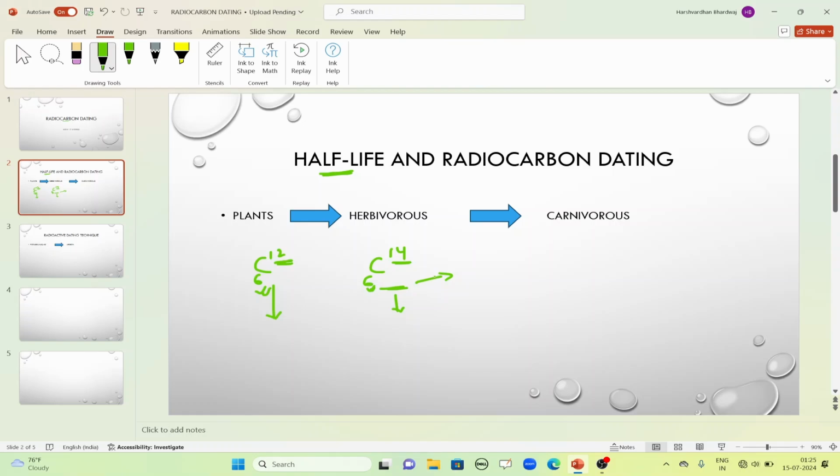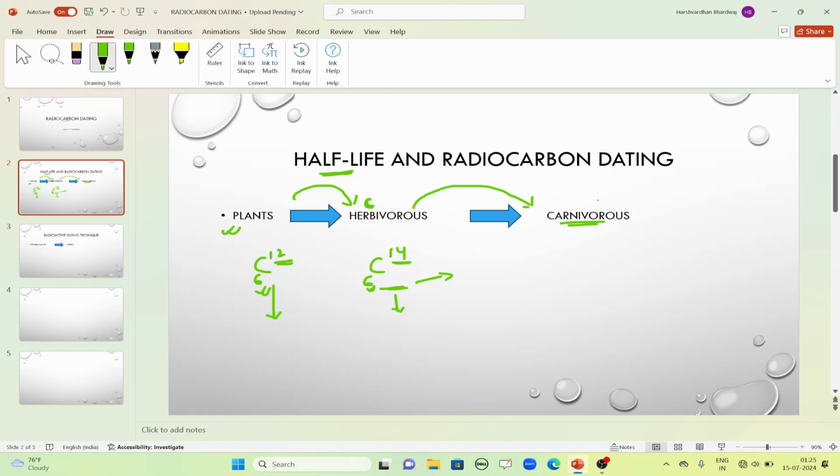How does the carbon come into the ecosystem? Plants get carbon through photosynthesis, as all of us know. They consume carbon dioxide, which contains carbon, and the plants get eaten by herbivorous, plant-eating animals. So the carbon gets transferred to the herbivores. Some animals eat herbivores, known as carnivorous or omnivorous; omnivores can eat plants also.